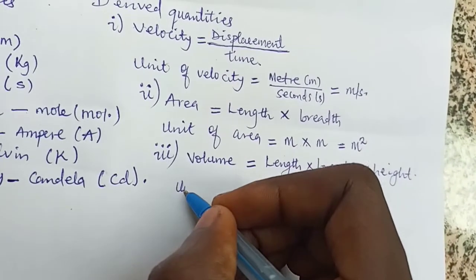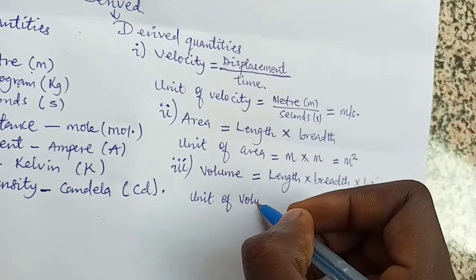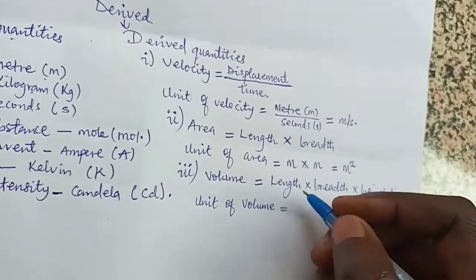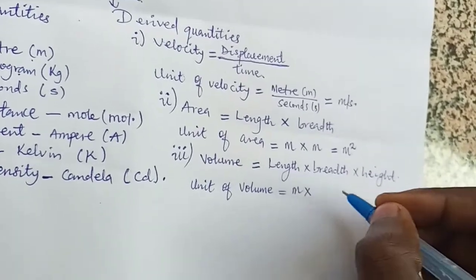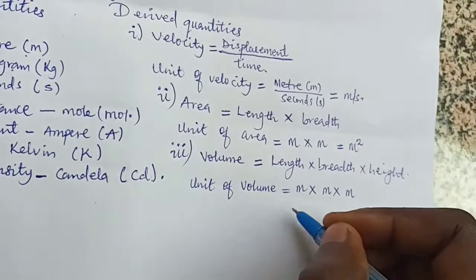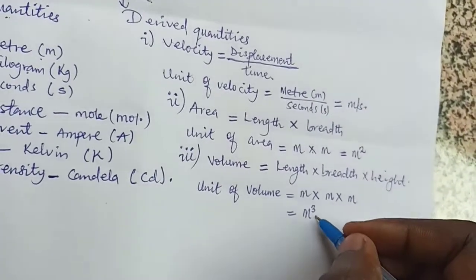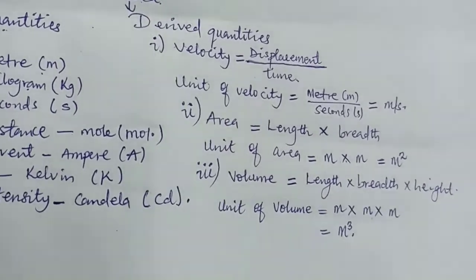And the unit of volume will be: length is measured in meter, multiplied by breadth measured in meter, also multiplied by height measured in meter. Hence we have m cubed, or m power 3.